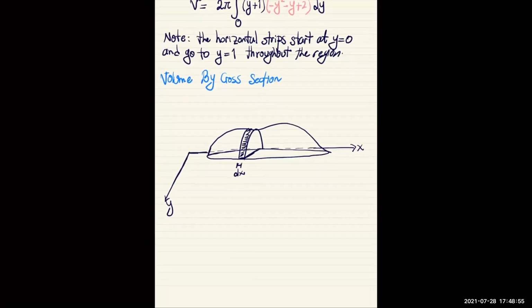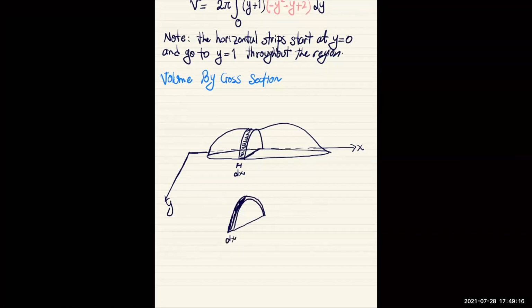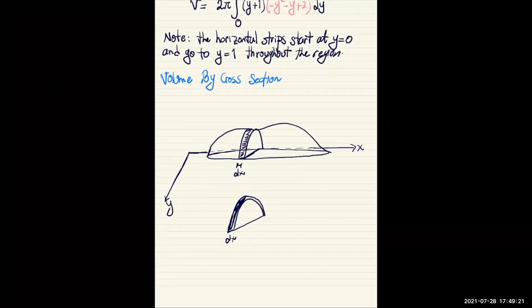So if you want to find the volume of that cross section, you're going to take delta x, dx, multiplied by the area of the surface.